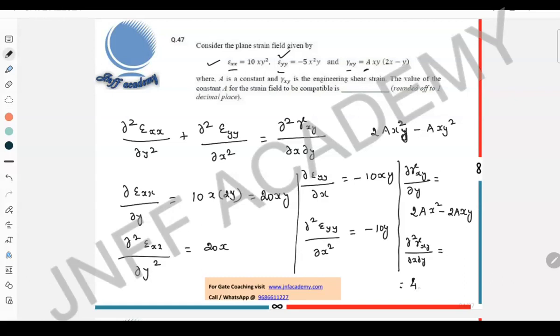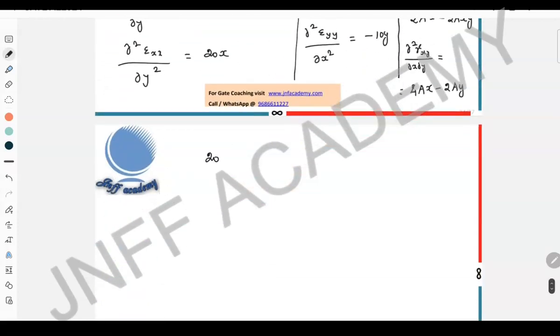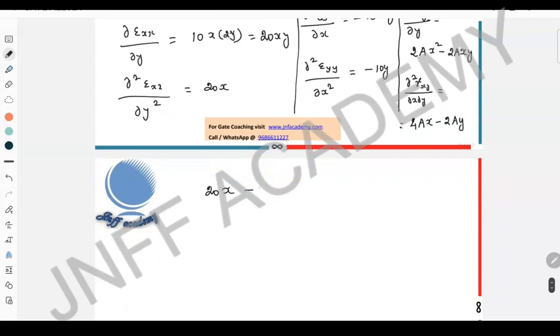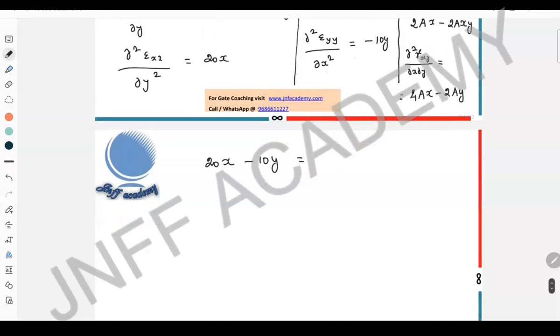Therefore 4a x minus 2a y. Now we will substitute everything in this equation. Here what we got? 20 times of x. Then for the second place we got minus 10 times y, is equal to 4a x minus 2a y.